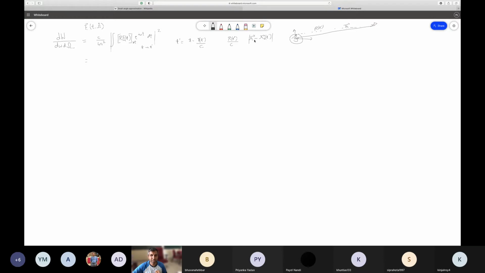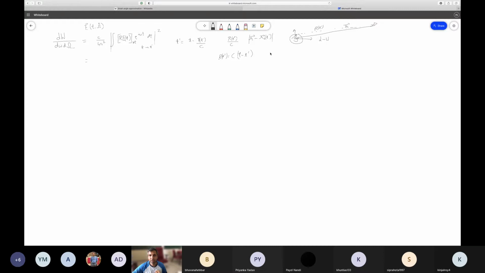So this retarded time, I mean, this is going all the way back to the retarded potentials, Liénard-Wiechert potentials. So let's see, c(t minus t prime) is the distance that it travels. So this is equal to r(t prime).